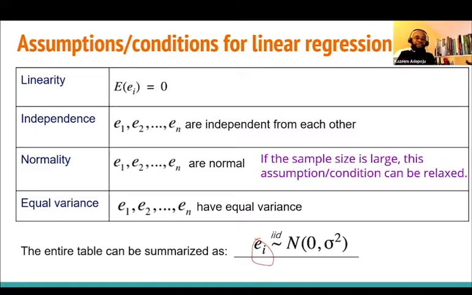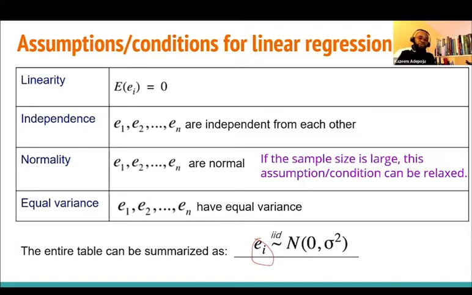What do we mean by residual? The residual is the difference between the observed and the predicted. You use your model to predict, right? It is the difference between what your model predicted and what happened in reality. So that's what we mean by residual.